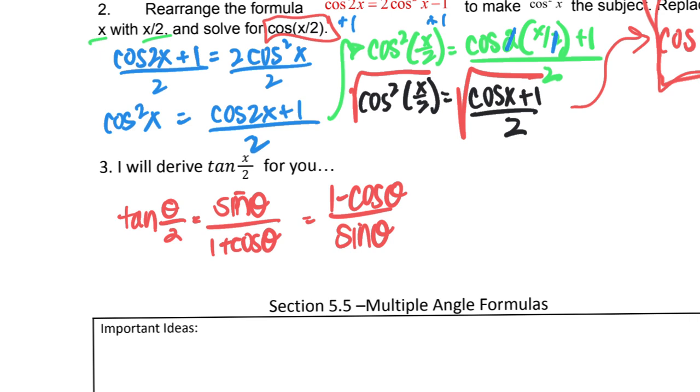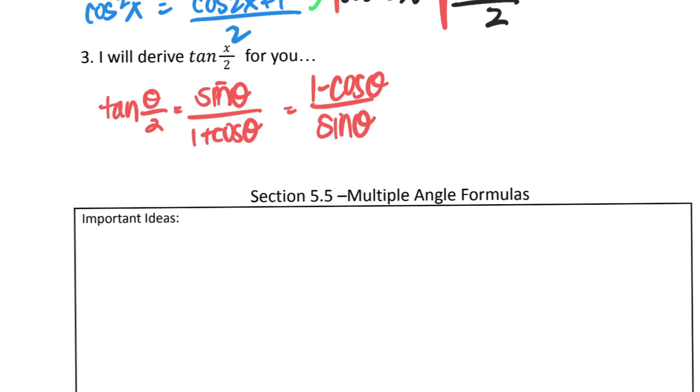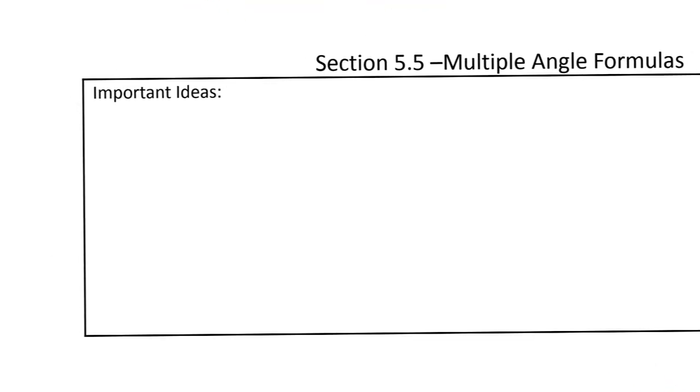All right, so down below, we're now going to write all of the formulas we learned today. We had double angle formulas and half angle formulas. And I'm going to give you some extra formulas too. So here are our double angle formulas. Sine of 2 theta is equal to 2 sine theta cosine theta.